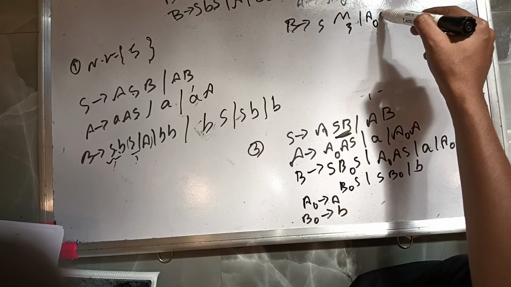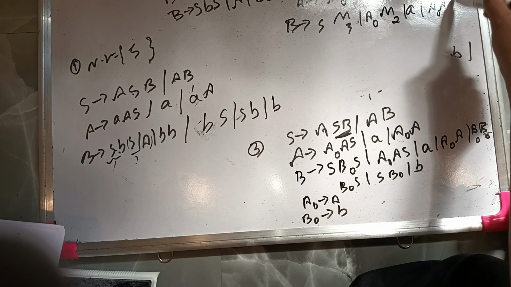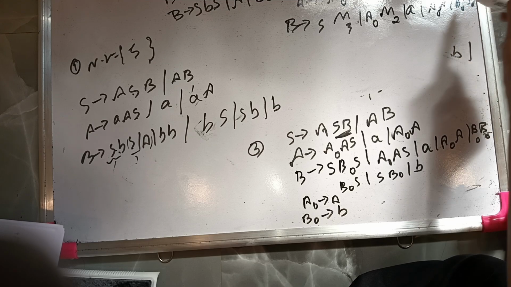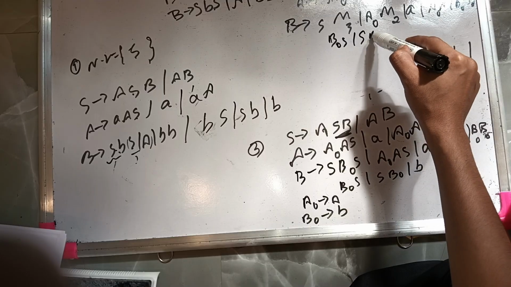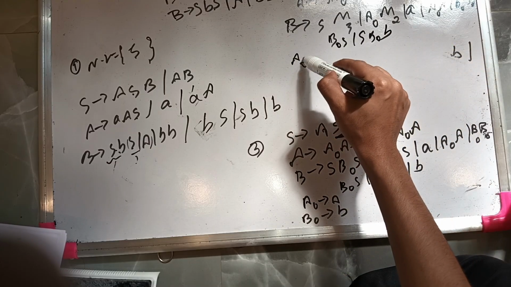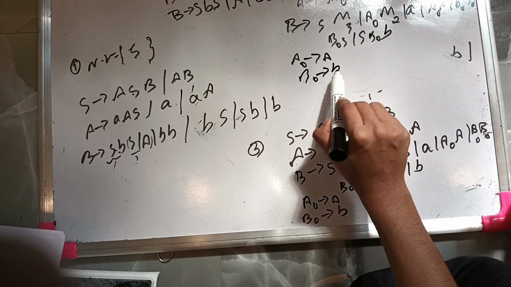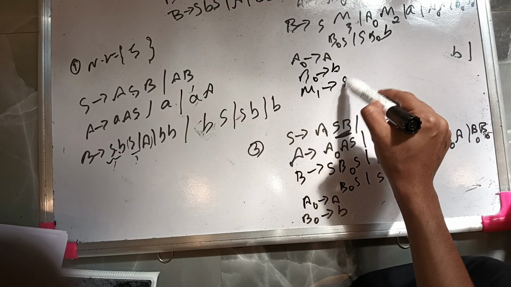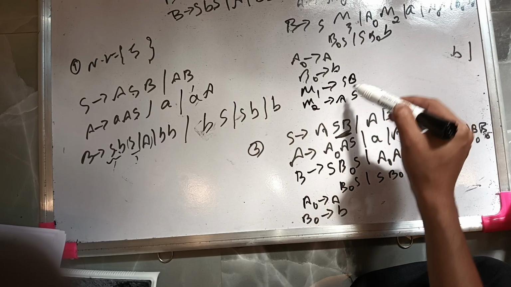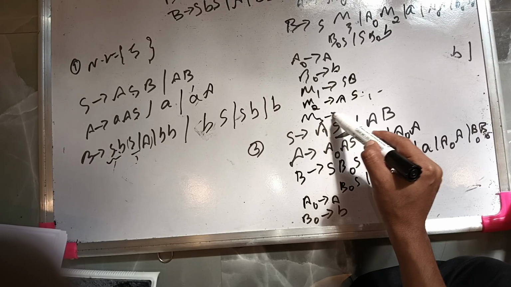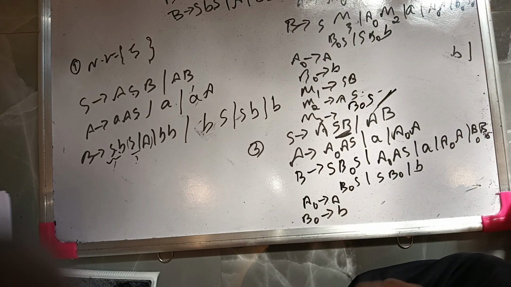A not AS means M2. A not A is fine. Next B not B, 2 caps also fine. Next B not S, B not B, A not gives A. Next B not gives B. M1 means SB, M2 means AS, M3 means B not S.